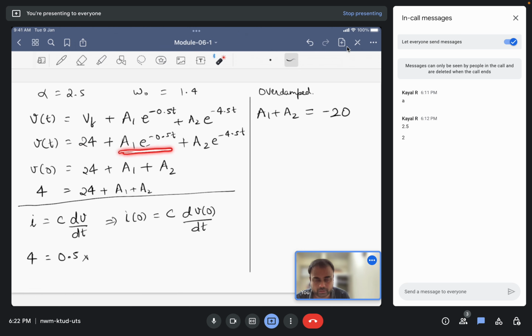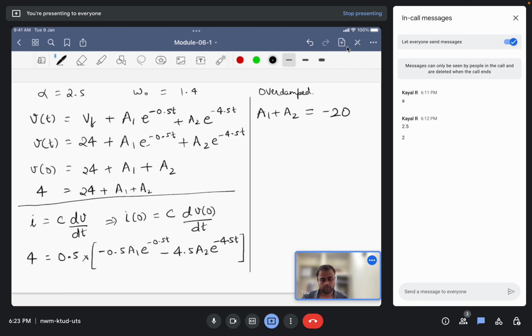Now let us differentiate the second term: minus 0.5 A1 e to the power minus 0.5 t, plus again minus, since the exponential power is minus 4.5, A2 e to the power minus 4.5 t.